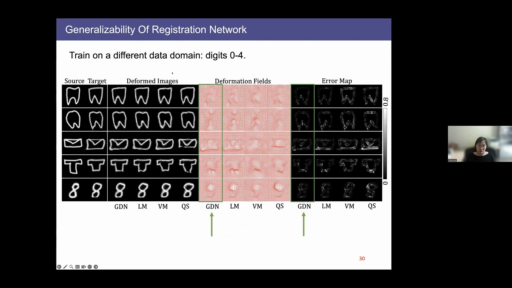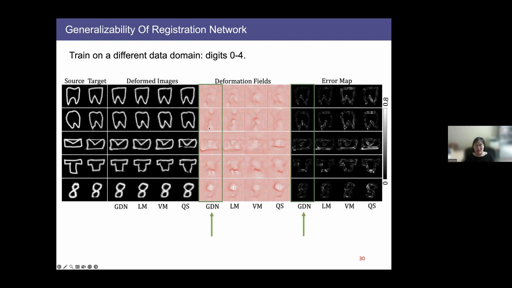The initial results that we find are these: we train on the MNIST data set, which is digits from 0 to 4, and we test on a completely different data set, Google Draw, which has different shapes other than digits. Then we compare with VoxelMorph, Lagomorph, and the existing registration research.